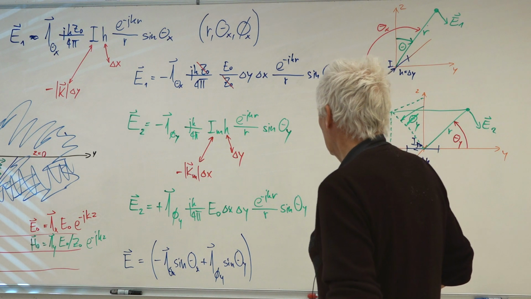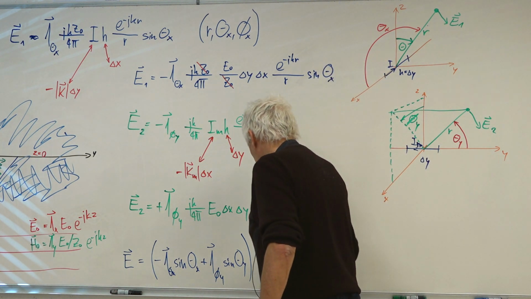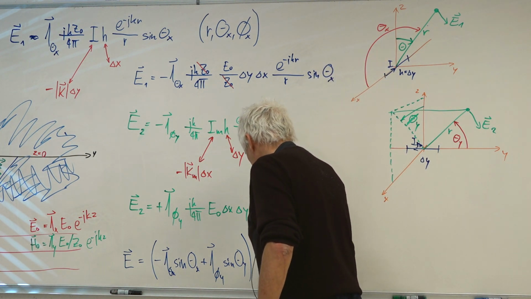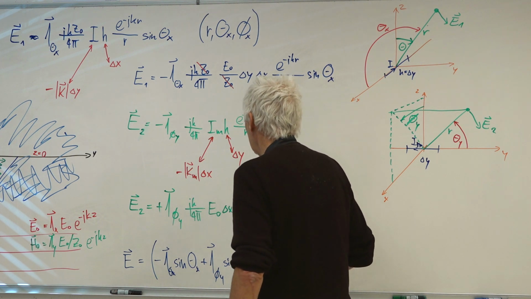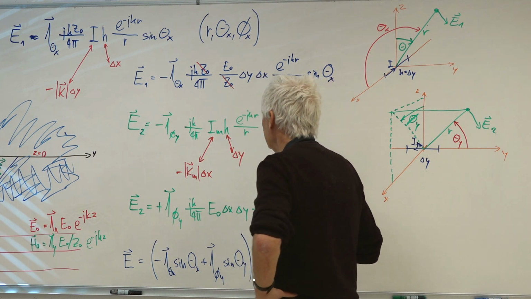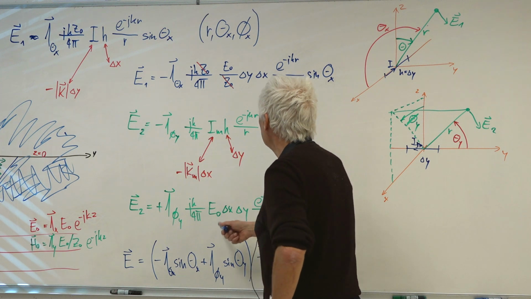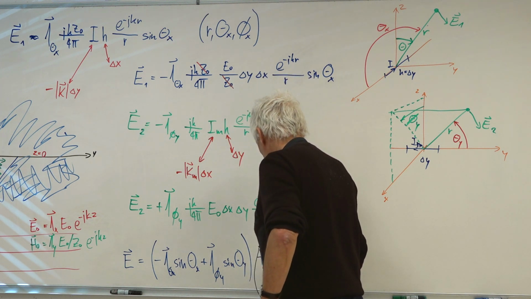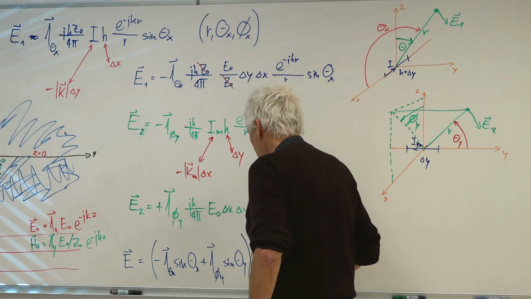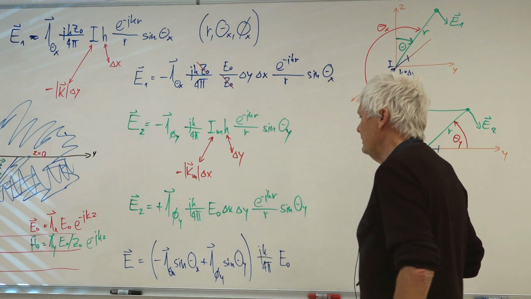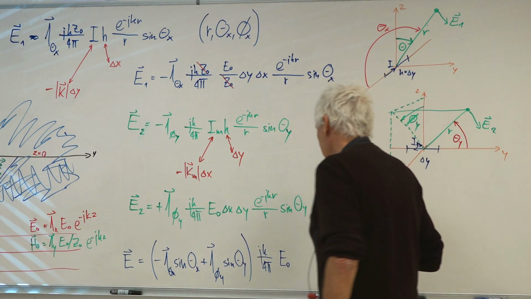the same. All the rest is jk over 4 pi. This is present in both equations. It is E0 on both sides, so the initial plane wave, the electric field on the Huygens source.